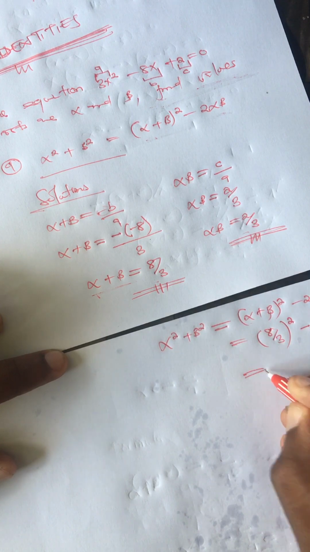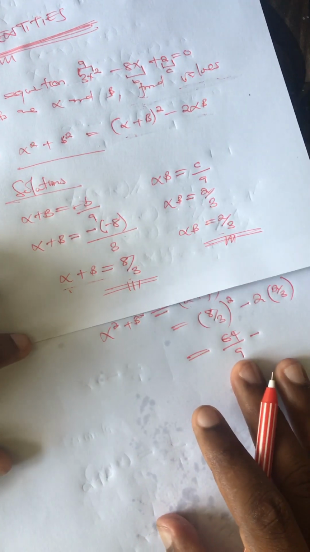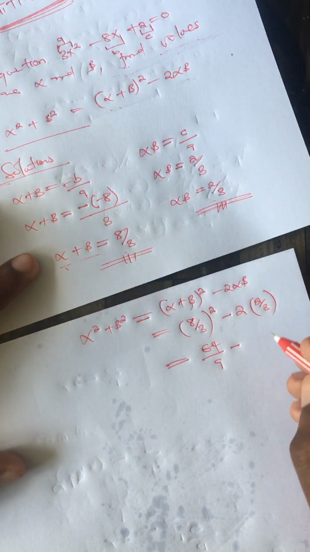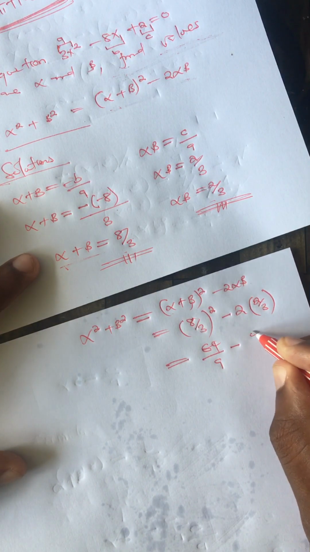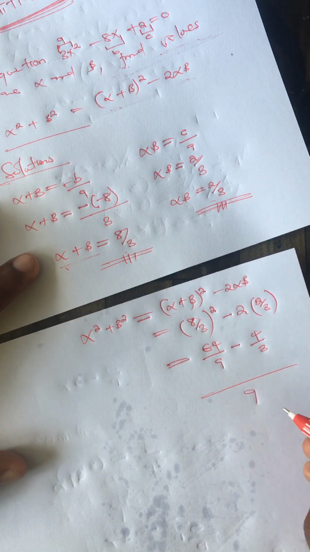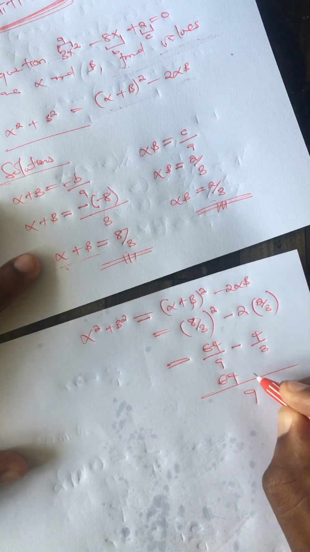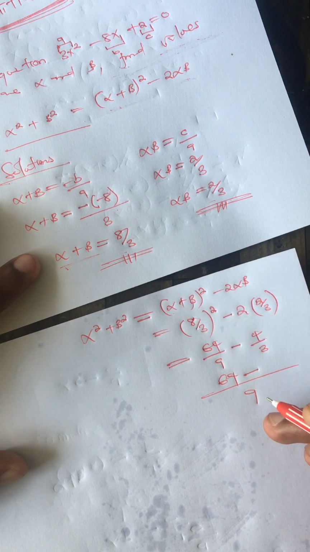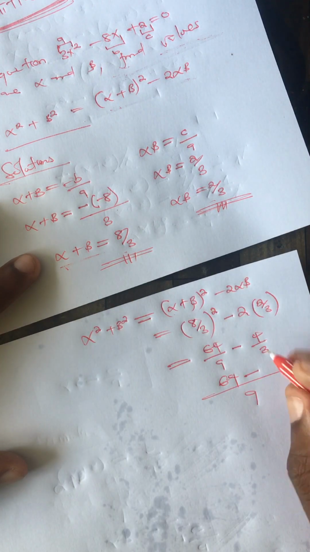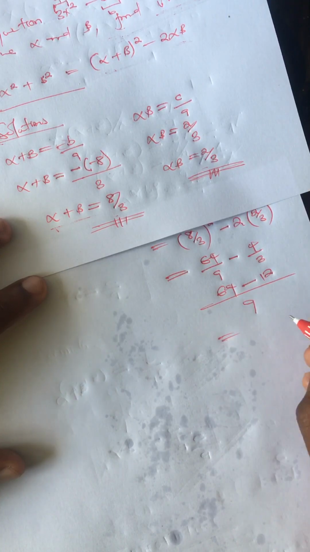If you square this, you get 64 over 9. Then you subtract 4 over 3; with the common denominator 9, that is 12 over 9.